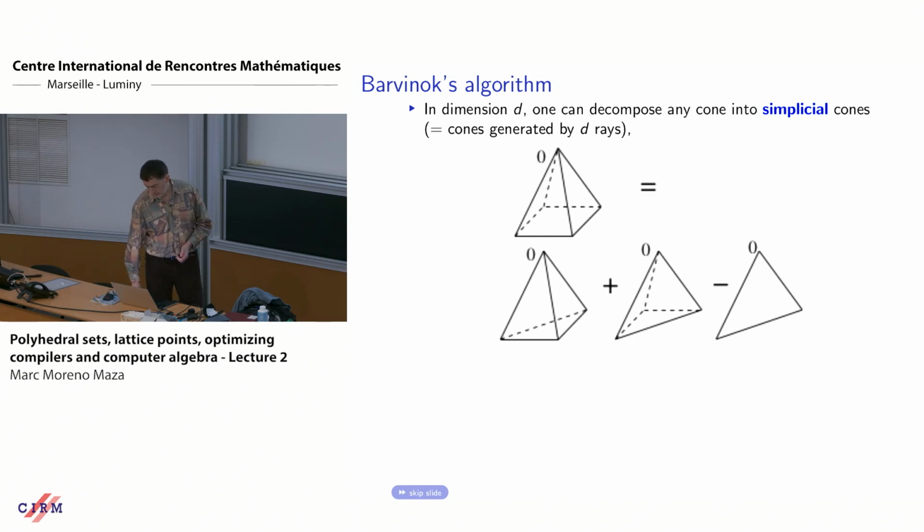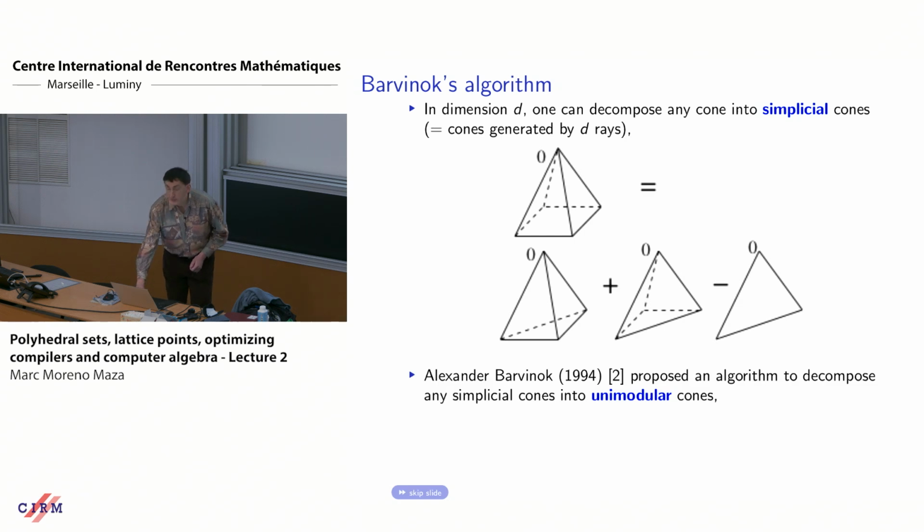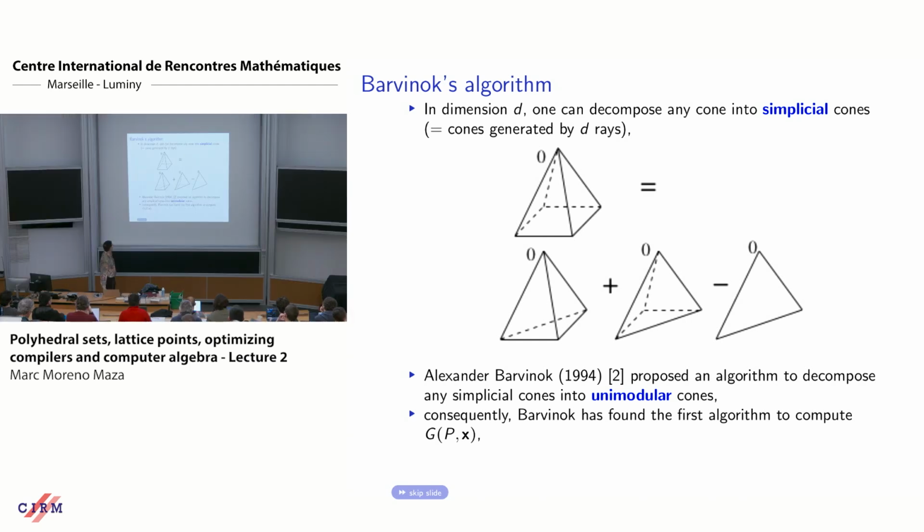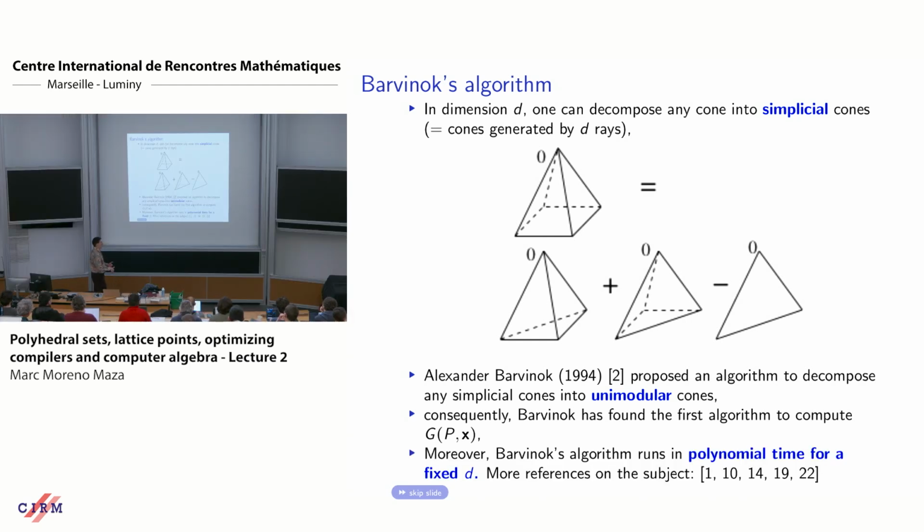And then from a simplicial cone, we need to move to a unimodular cone, that is a cone with extreme rays defining a unimodular matrix, so that we can do these easy calculations with power series. That's the main point in the algorithm of Barvinok. And he could prove that this algorithm could run in polynomial time in fixed dimension.